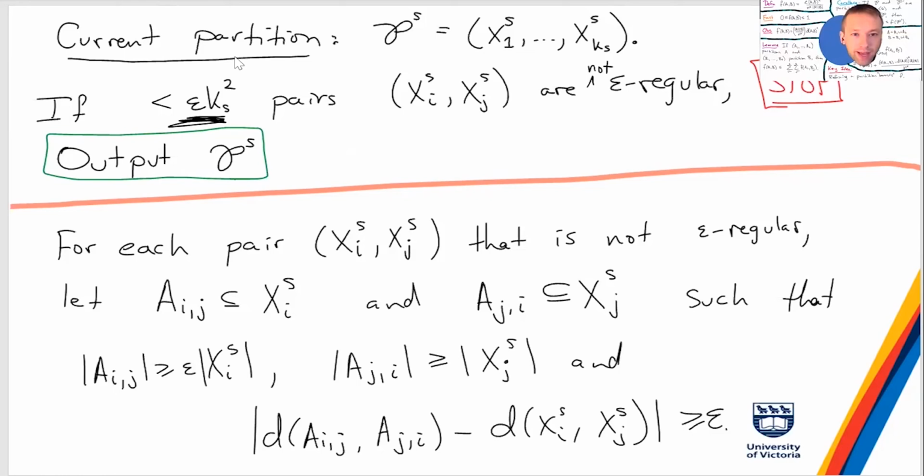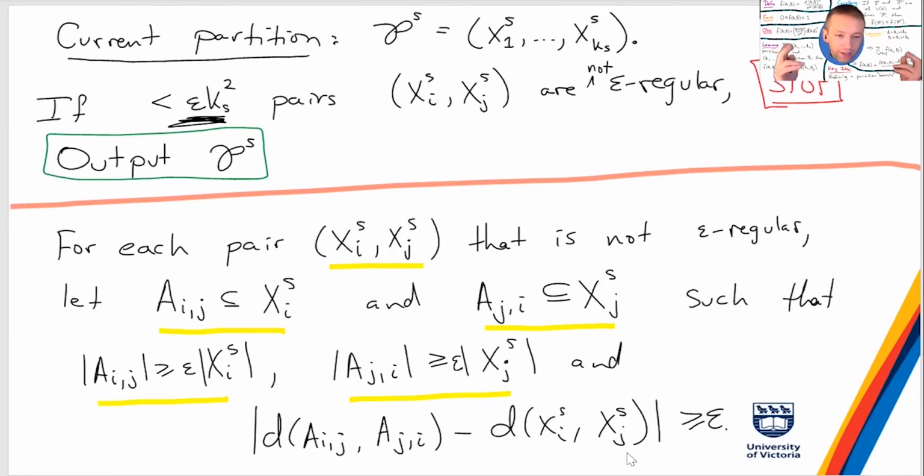If (X_i, X_j)^s is not epsilon regular, you can find a set in X_i, which I'll call A_ij, and a subset of X_j, which I'll call A_ji, I just switch the indices, such that A_ij has at least an epsilon proportion of X_i, A_ji has at least an epsilon proportion of X_j, and the difference in the densities is at least epsilon. That's my certificate for non-epsilon regularity.